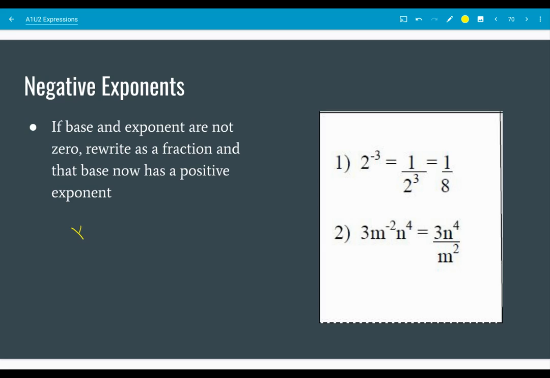So what that says is x to the negative nth power is equal to 1 over x to the nth. Okay, you can see some examples there of how that would work out. If we look at the second one specifically, m is to the negative second power, so only this changes. The whole thing doesn't become a fraction, just the part that is raised to a negative exponent.